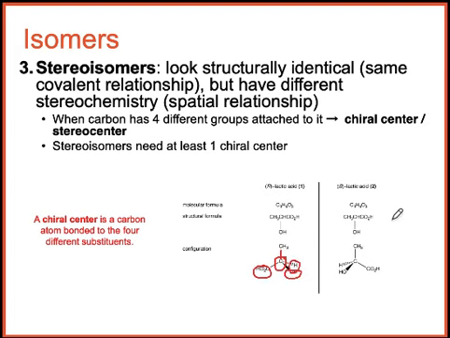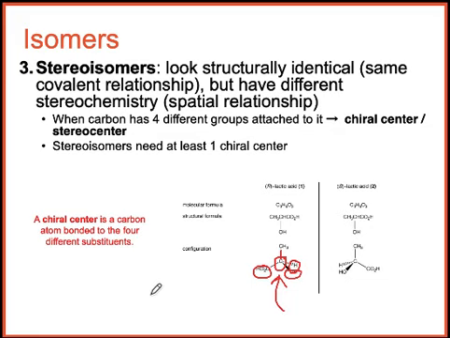Over here we have this molecule, and you also see that it's attached to 3 different things. So this carbon, we say it is a chiral center. A chiral center is a carbon atom bonded to 4 different substituents.